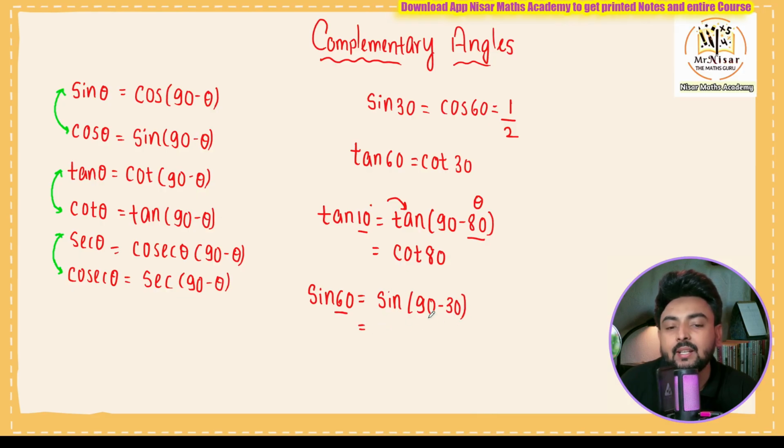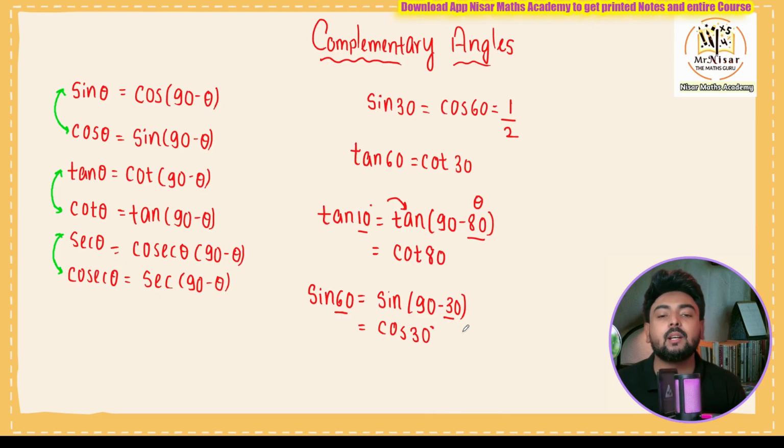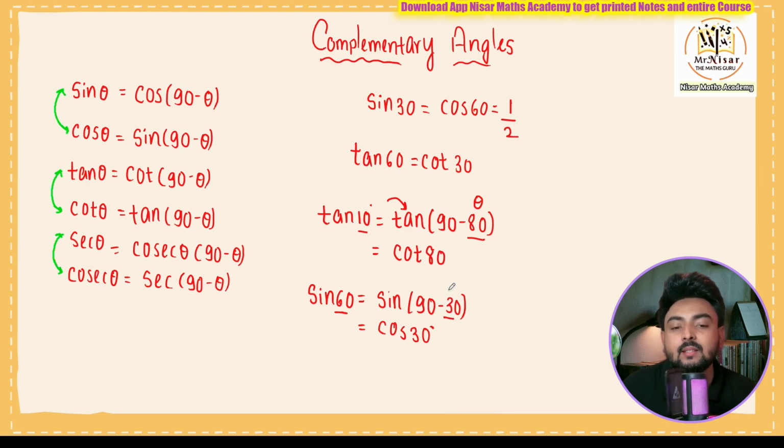And sine 90 minus theta is cos theta, and here the value of theta is 30, so it is cos 30. While writing this, you have to pay attention: first, write the angle in terms of 90 minus theta, and then put the value for that identity.